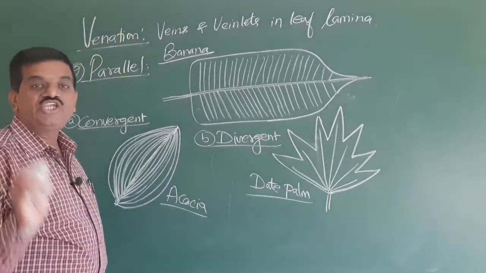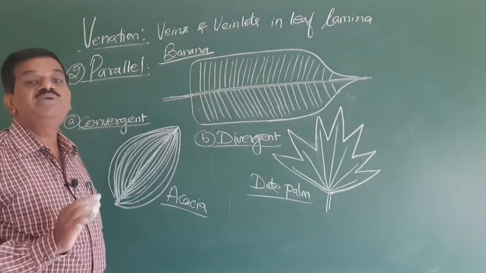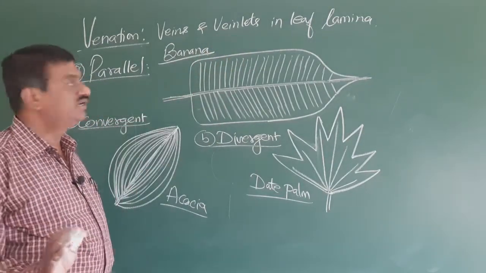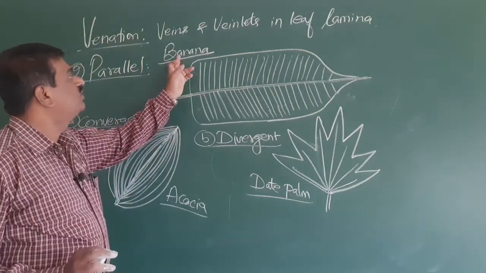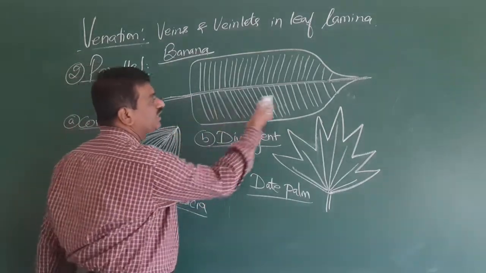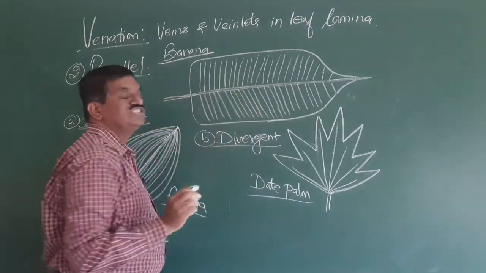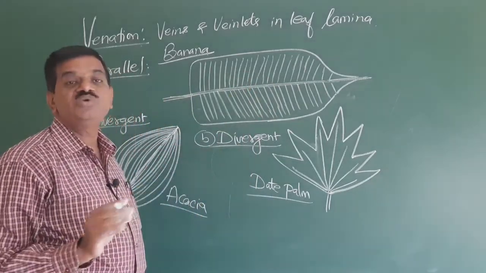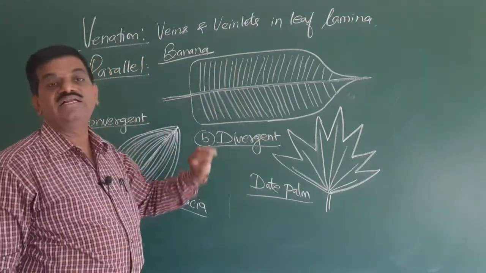The arrangement of veins and veinlets in the leaf lamina will be parallel, hence it is called parallel venation. For example, in a banana leaf there is a midrib, and on either side there are veins which are parallel to each other.